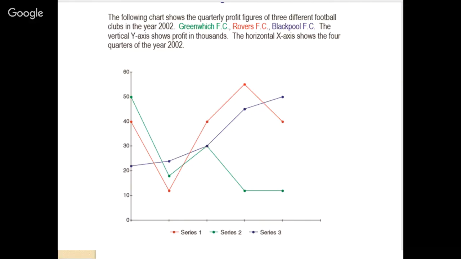Now, let us be bad and just look at Blackpool FC without writing down the figures at first. Based on how the lines are, what do you think right off the bat would be the trend for Blackpool FC?